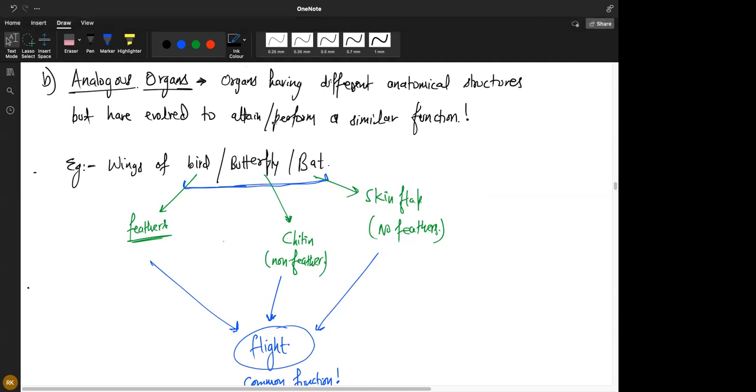Okay, so my question is, under what conditions do you think organisms can have anatomically different organs taking up similar roles or serving common functions in evolution? Just give the answer in your words.